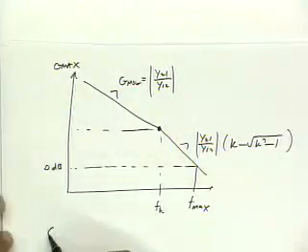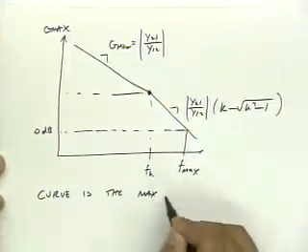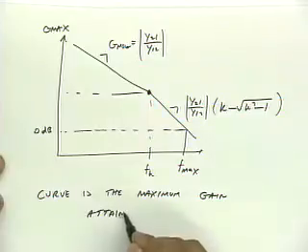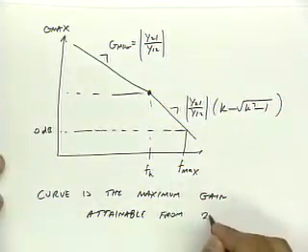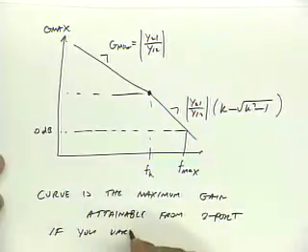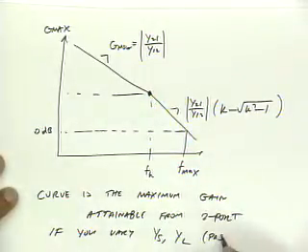So this curve is the maximum gain attainable from a two-port if you simply vary Ys and Yl. And of course they're passive.